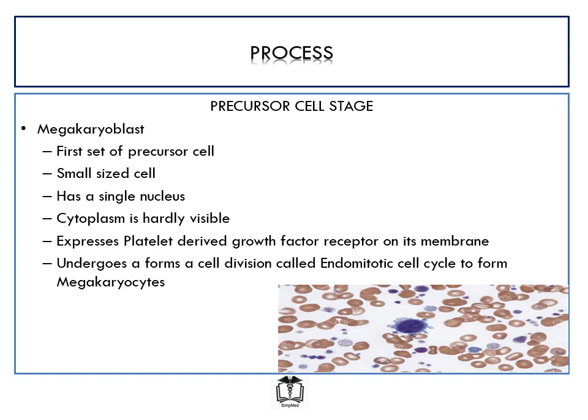So quickly, before we talk about the megakaryocytes, which are the next precursor cells, it's important to understand what happens whenever a megakaryoblast wants to form megakaryocytes. Megakaryoblasts tend to undergo that endomitotic cell cycle.